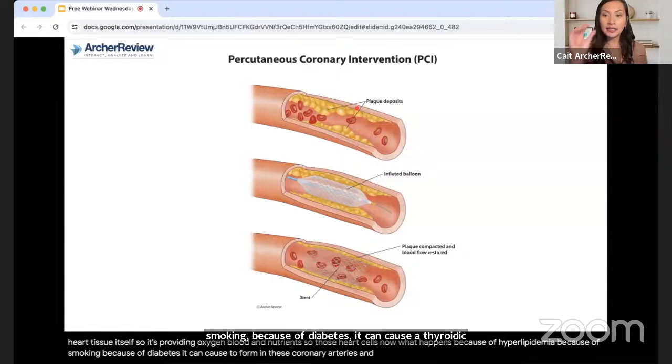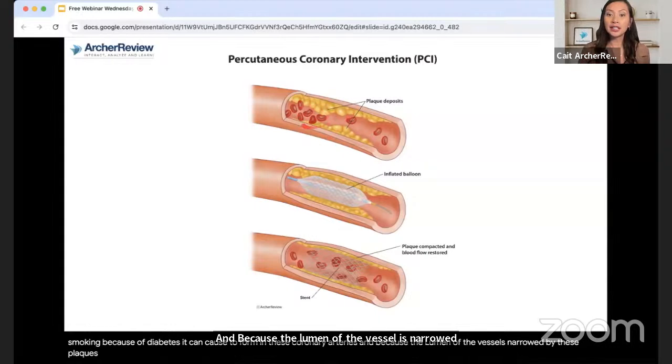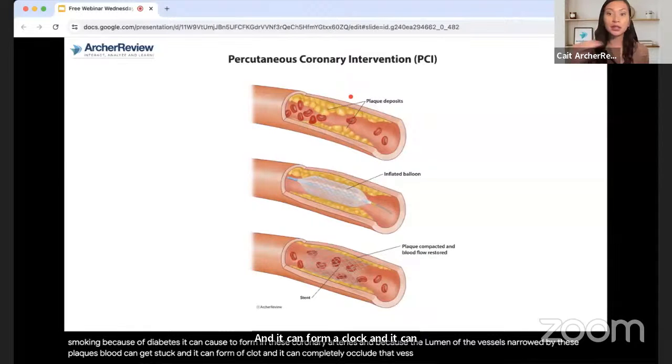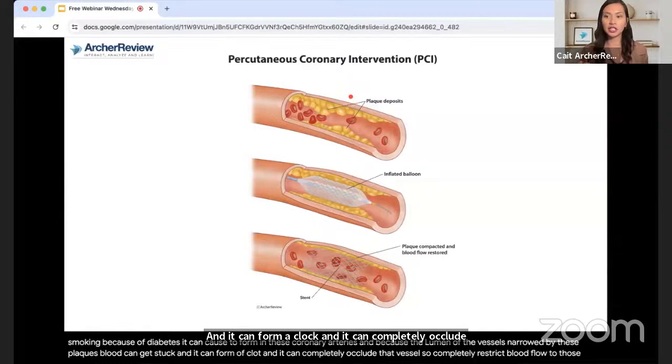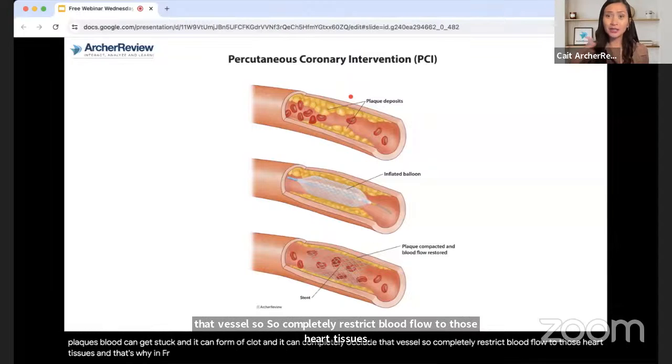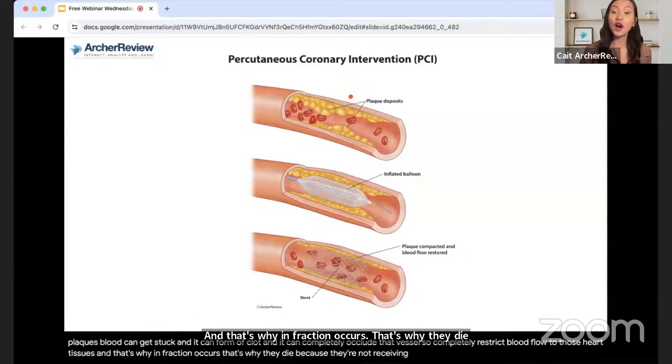And because the lumen of the vessel is narrowed by these plaques, blood can get stuck and it can form a clot. And it can completely occlude that vessel, so completely restrict blood flow to those heart tissues. And that's why infarction occurs. That's why they die, because they're not receiving any oxygen.